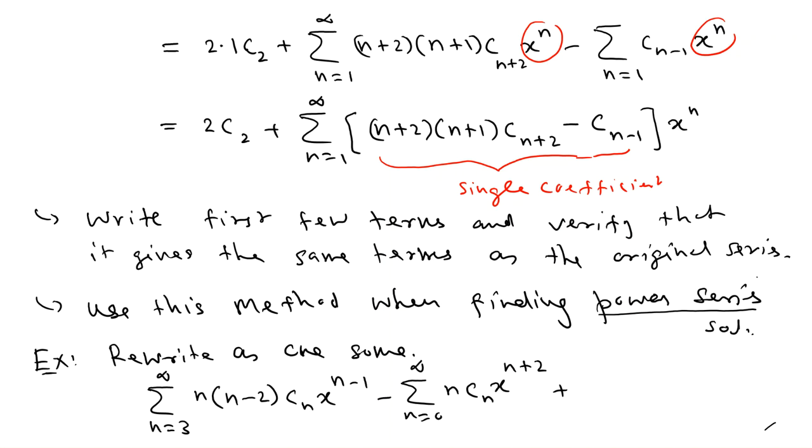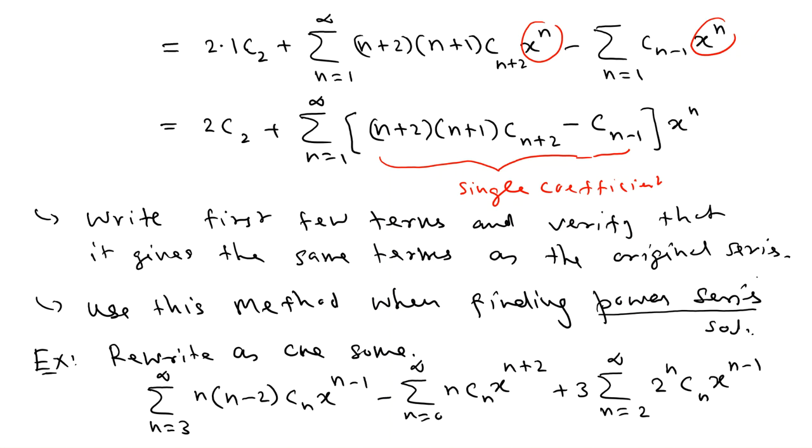So let's say 3 times sigma n equals 2 to infinity, we can say 2n Cn x to the, let's say, n minus 1. Okay, so see whether you can write this as a single sum.